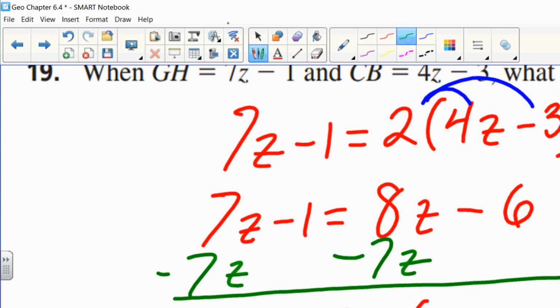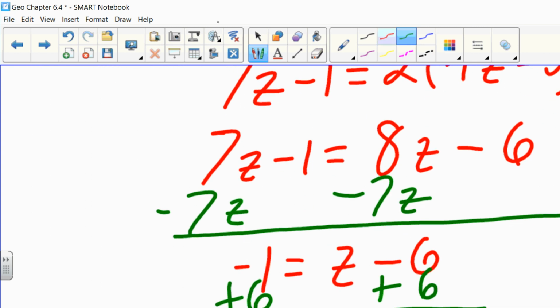Now what do we do next? Add 6 to each side. 5 equals z, or we can say z is equal to 5.